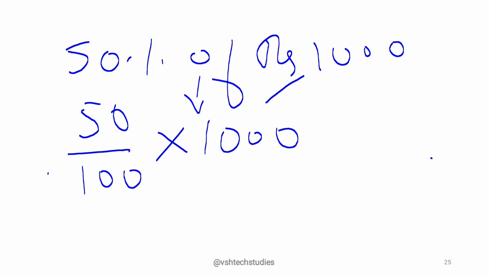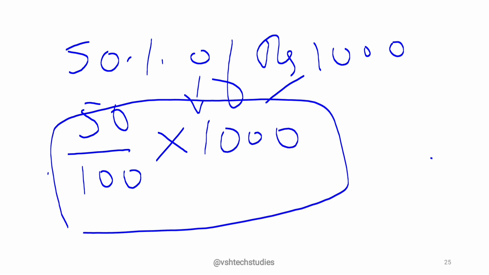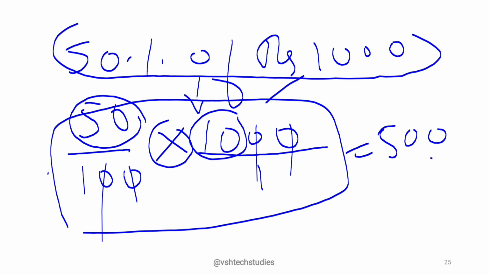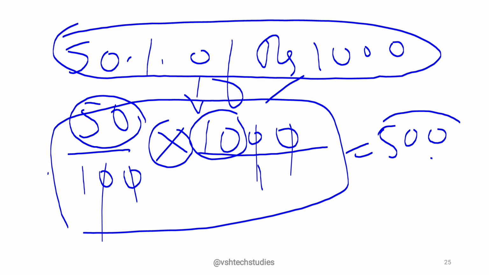Now this has to be simplified, that is standard mathematics. 1000 divided by 1. Now this 0 is cancelled, this 0 is cancelled. What is remaining? 50 into 10. So it is 500. That is why 50% of 1000 rupees means 500 rupees.